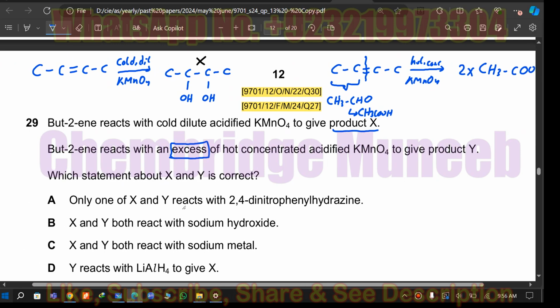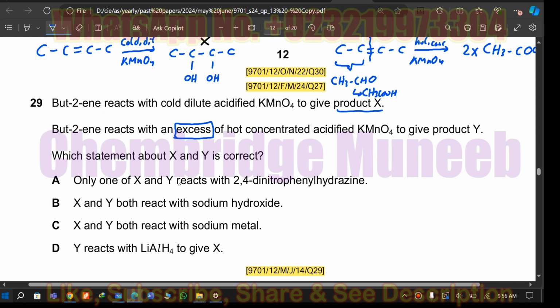Now we have to apply the options here. Option A says that only one of X and Y reacts with 2,4-dinitrophenylhydrazine. 2,4-DNPH can only react with aldehydes and ketones.